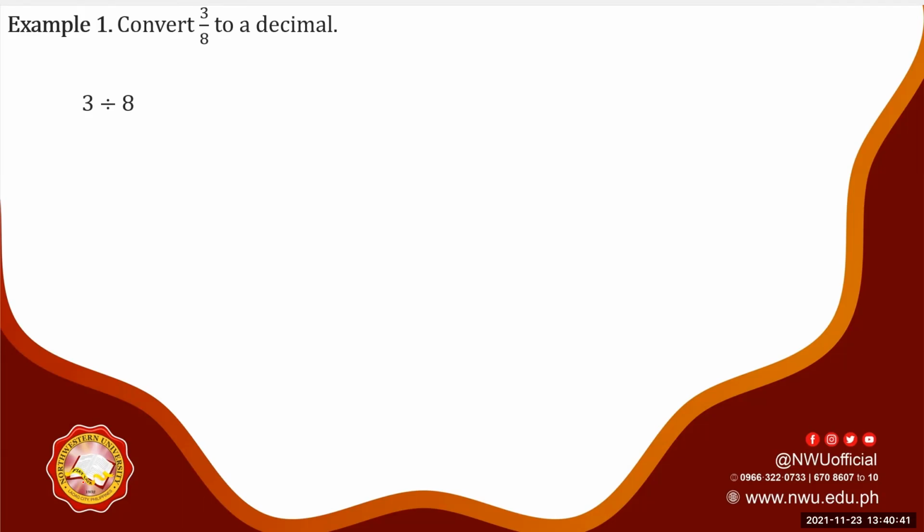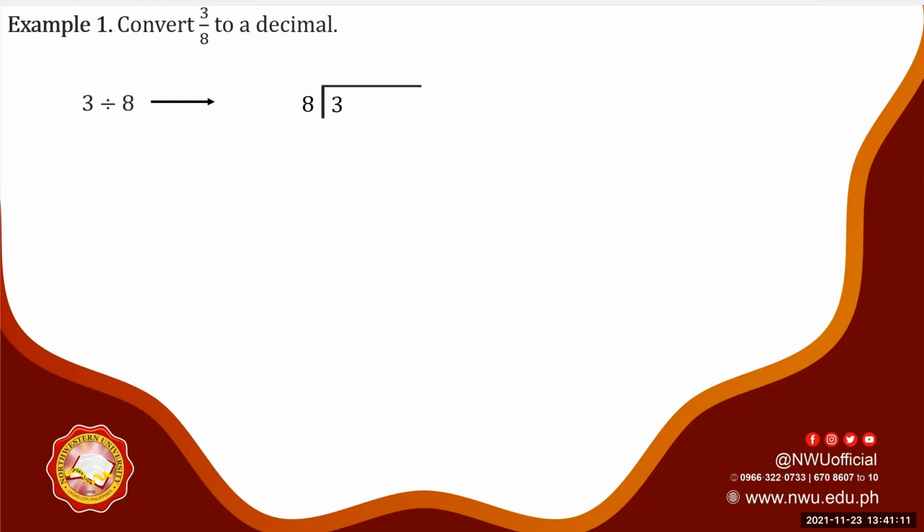You can divide that by following our normal long division. Our long division is no longer new to you because it has already been discussed in my previous discussion regarding decimals, and I know this is what you've been using since elementary when you were dividing counting numbers.